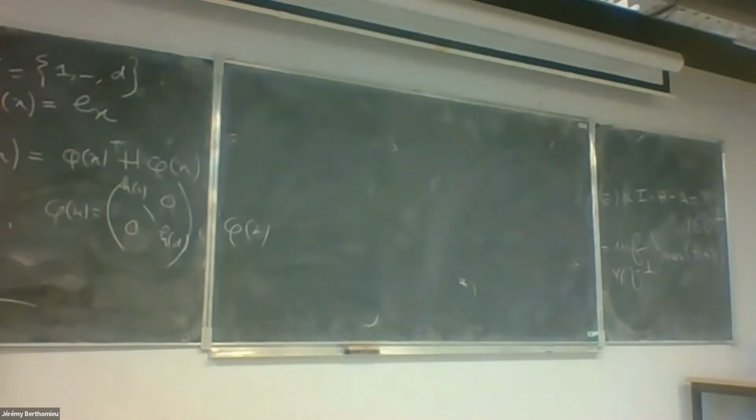This is a really pedantic way of representing vectors in R^B. But then what is optimization?